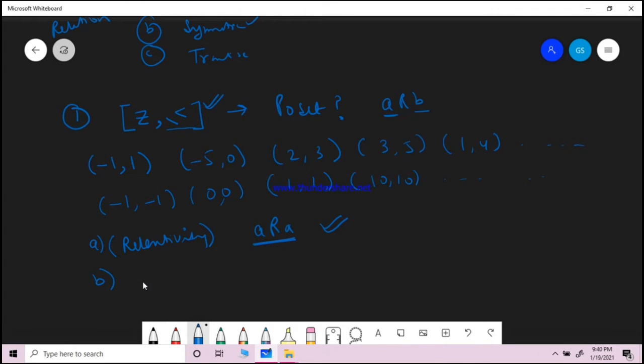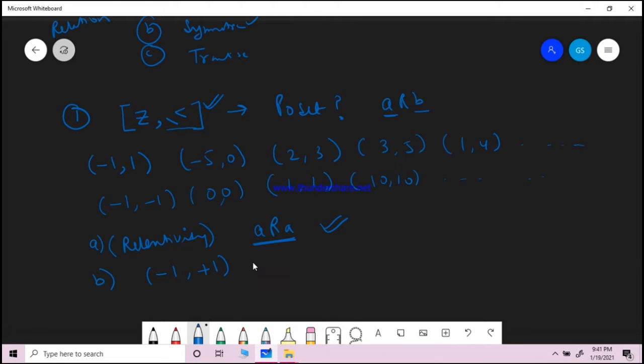Second, let's see if it is symmetric or not. For this to be an anti-symmetric relation, you have to prove that it is not symmetric. To prove that this is not symmetric, first check that -1 and +1 satisfy the property.